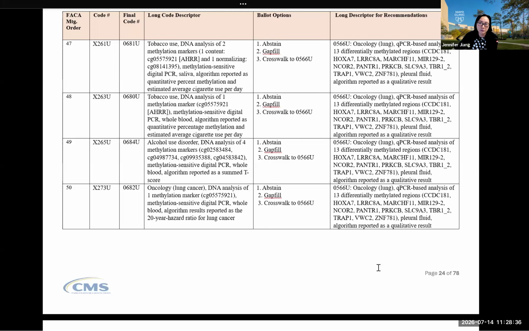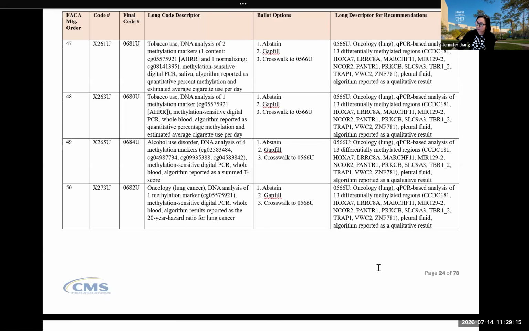However, because digital PCR is quite a new technology, we couldn't find any appropriate code in the current file to crosswalk to. The sponsor did a presentation and recommended crosswalk to 0566U, and we feel 0566U uses quantitative PCR, which is fundamentally different from digital PCR. So we do not think this is an appropriate code to crosswalk to. The panel recommends a gap fill for all 4 codes.